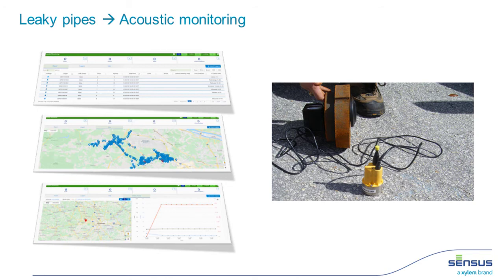So this is an accelerometer, so it's external to the pipeline, utilizing that same AMI network to get that data back. And the reason why this is important and really narrowing in on the problem of where the leak is, is allocation of staff, as Tom mentioned, as the workforce is retiring.